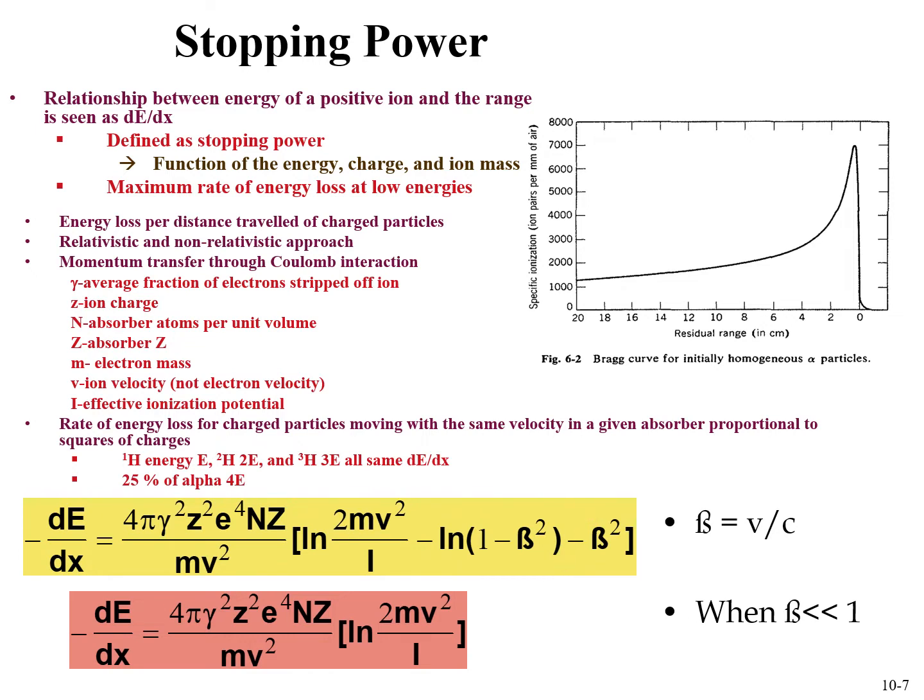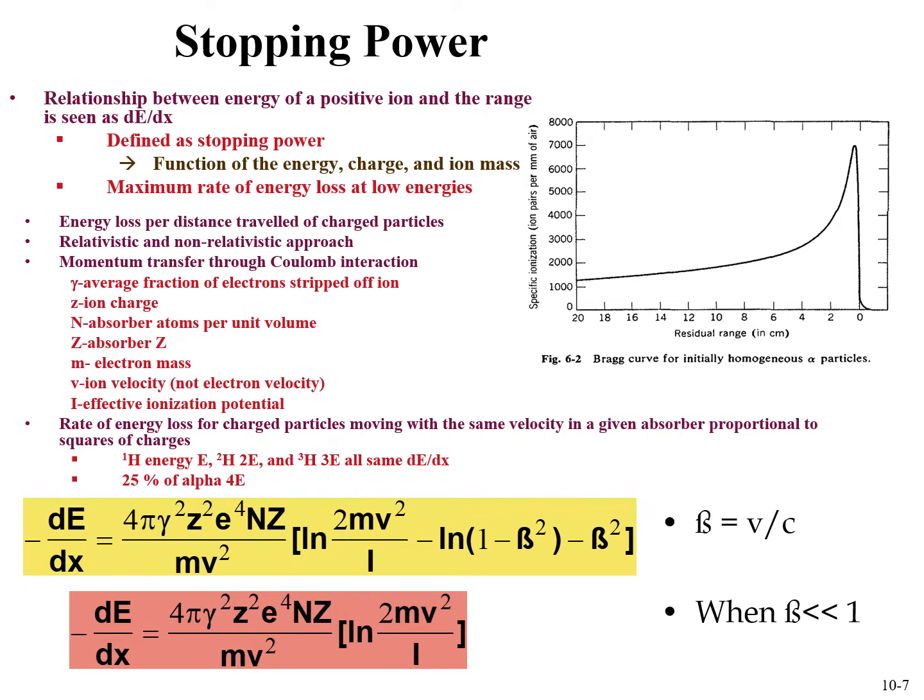The terms include the average fraction of electrons stripped off an ion, the charge of the ion, the absorber atoms per unit volume, so something about the absorber density, the Z of the absorber, that's important because higher Z material, more electrons, the mass of the electron, the ion velocity, not the electron velocity, and the effective ionization potential. So ionization potentials, different materials, have some different properties on this stopping power.